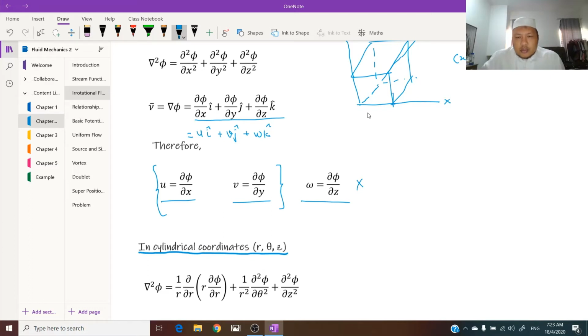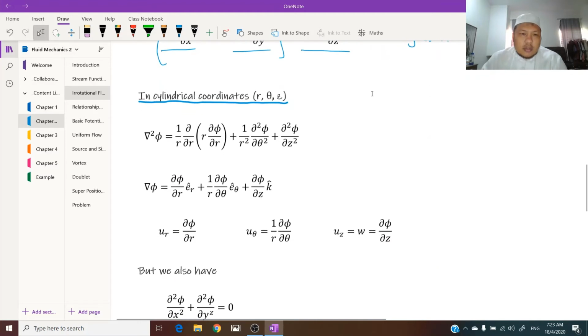Because the stream function only exists in two dimensions. Now we solve in the cylindrical coordinate. Cylindrical coordinate means that we have a cylinder like this.